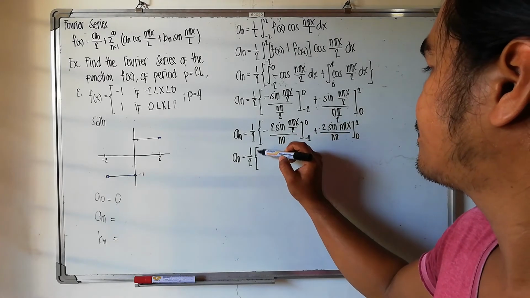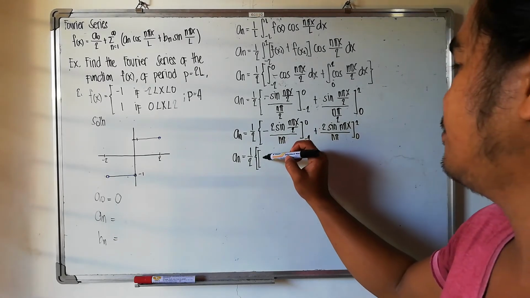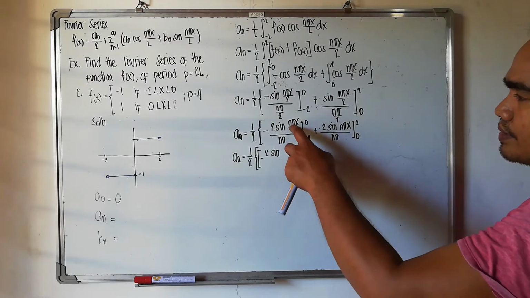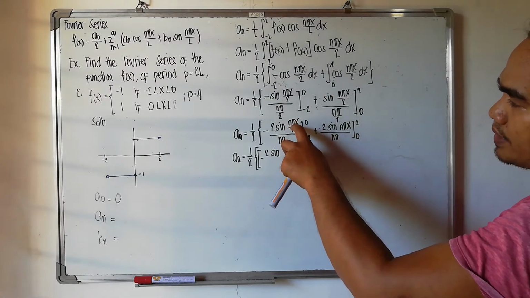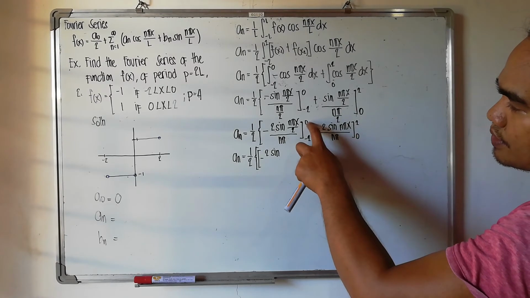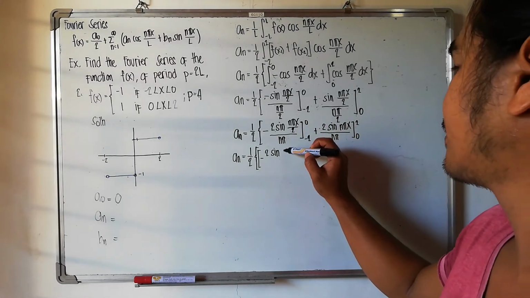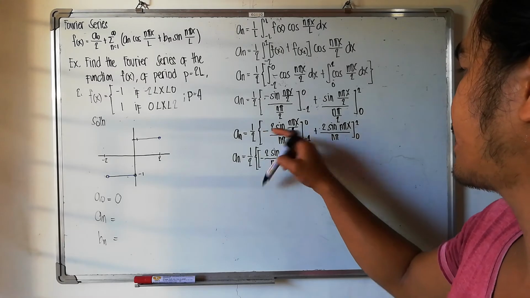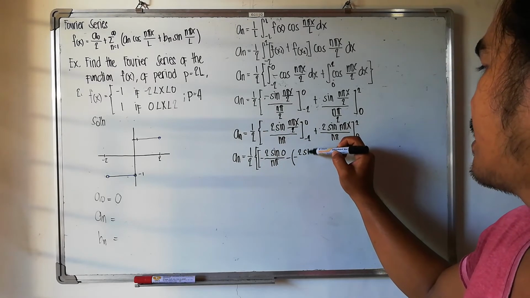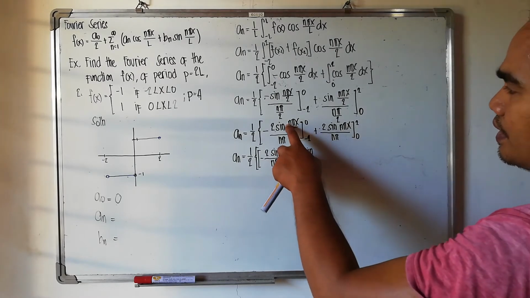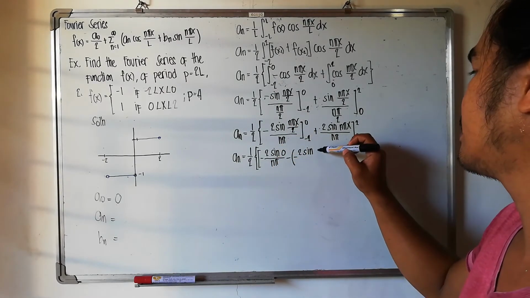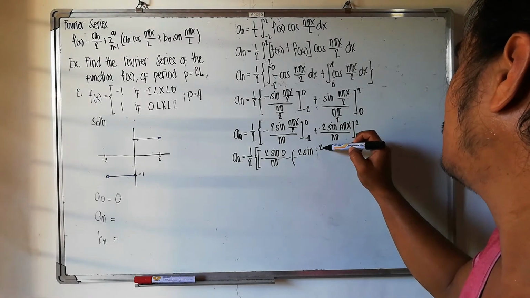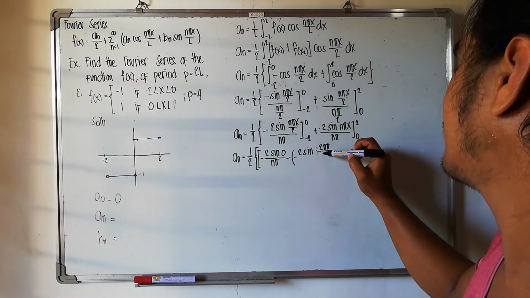For the first function, you have negative 2 sine n pi times 0, so that will be 0. 0 divided by 2, so that will be sine of 0 divided by n pi, minus negative 2 sine n pi times negative 2, so that will be negative 2 n pi divided by 2.